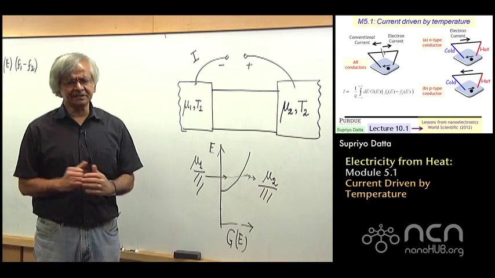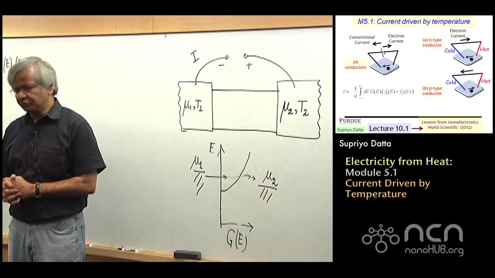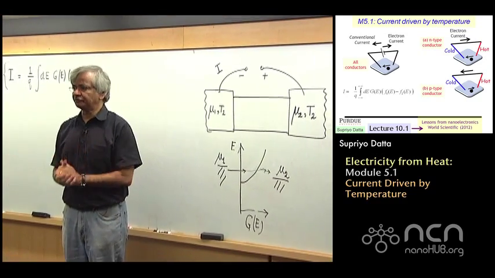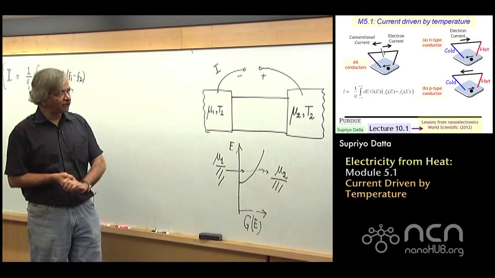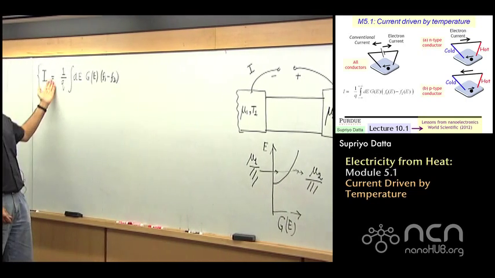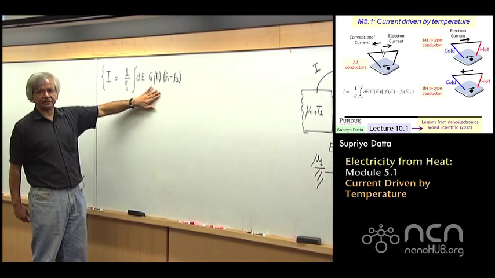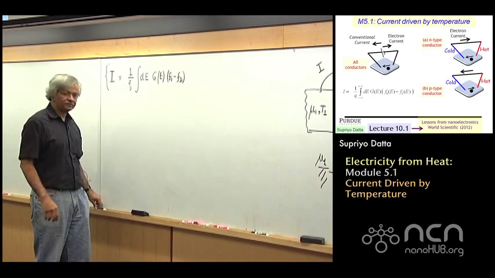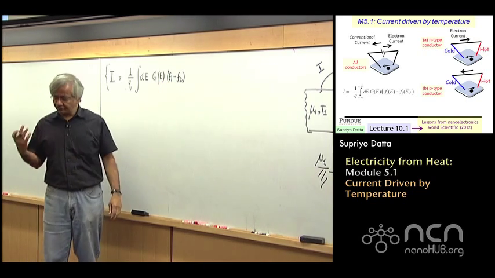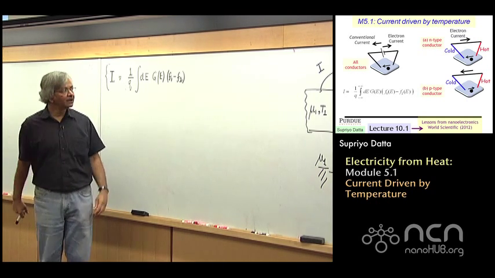Now you might think that that sounds very different from what we've been talking about so far. And you might think that, well, you'd need a whole new discussion to get started because it's a different type of device. But the point I want to stress at the outset is whatever we do this week will be based essentially on this equation, the one that we had back in the first week. The only difference is that earlier, this difference between the 2 F's was driven by the difference between the 2 mu's, the electrochemical potentials.